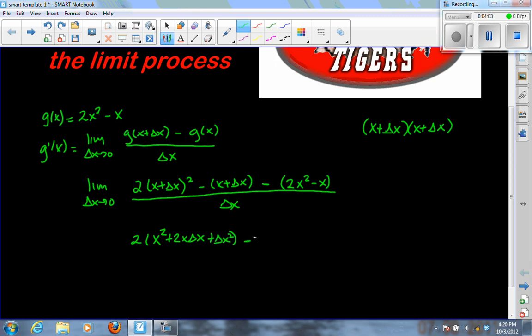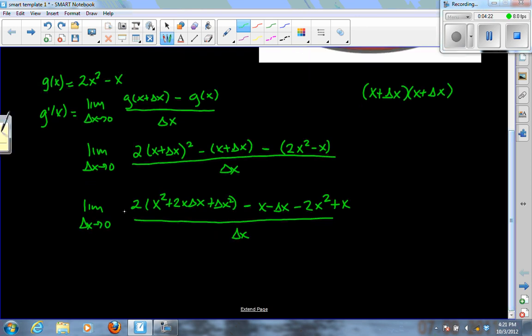Then minus x minus delta x is from this right here. Distribute the negative, distribute this negative again, minus 2x squared plus x all over delta x, and bring your limit down. Continue cleaning this up. You can distribute the 2.